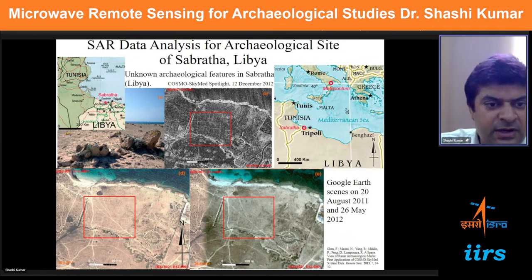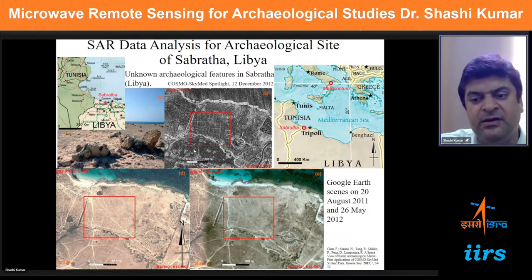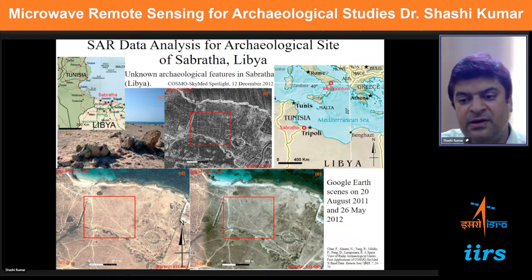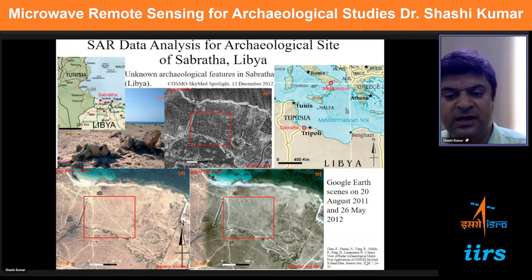They are not in very good condition, but since they are in a systematic pattern, we can easily see that these structures are present in those areas. This is done with the help of the high resolution COSMO-SkyMed X-band data set, and other information is available in this research article.